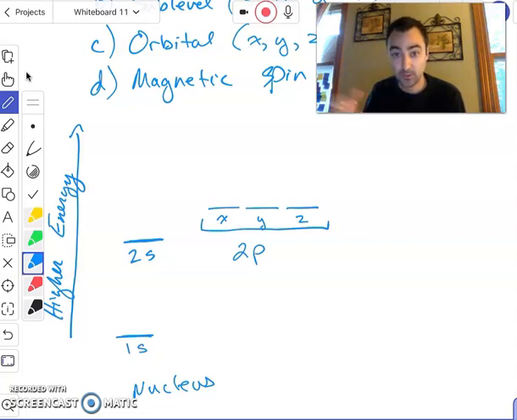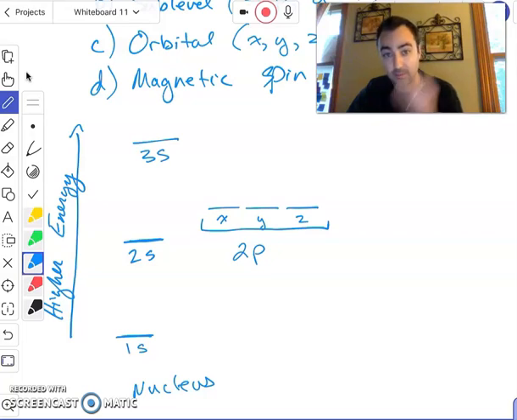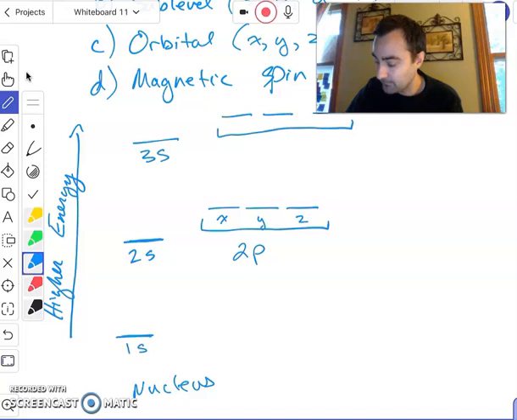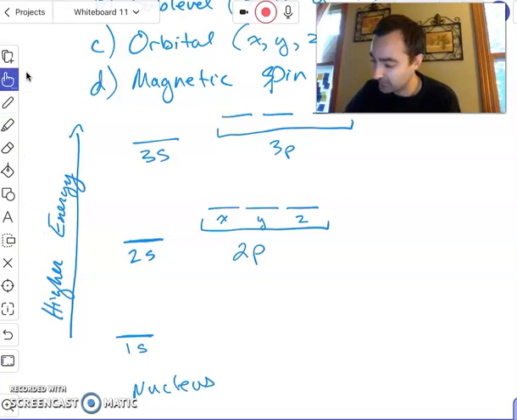If you have filled up all of these sublevels, you can jump up to the third energy level. The third energy level has three sublevels: the 3s, the 3p, and the 3d.